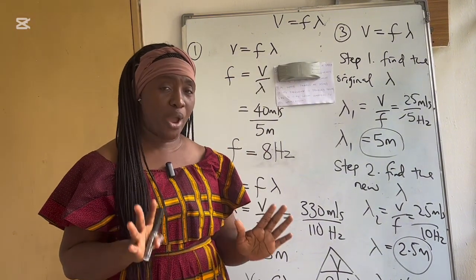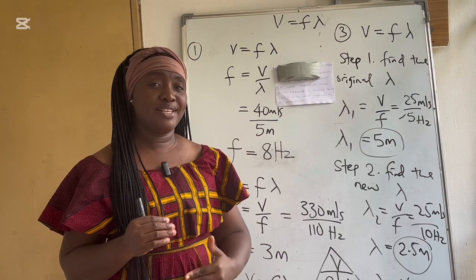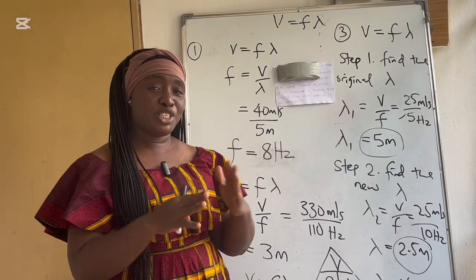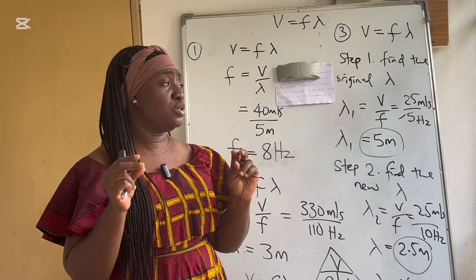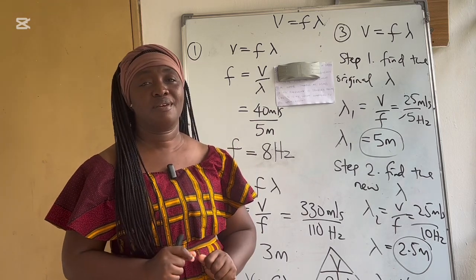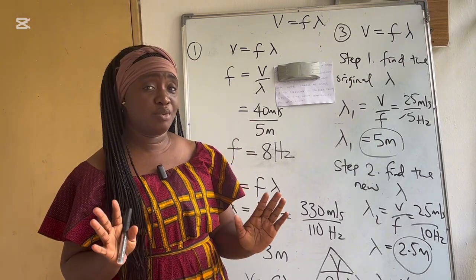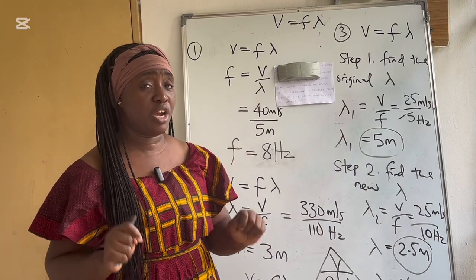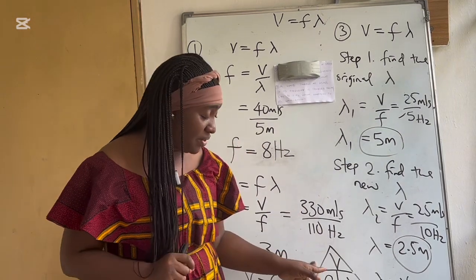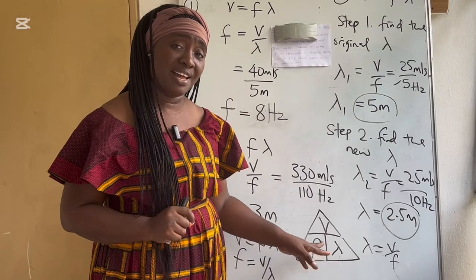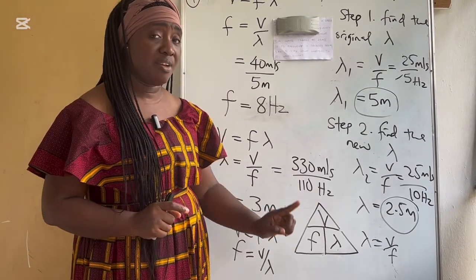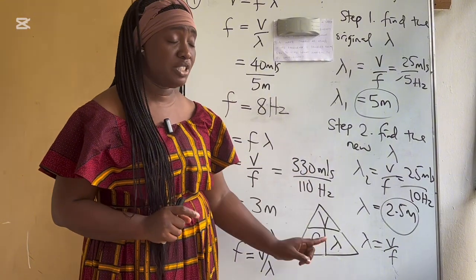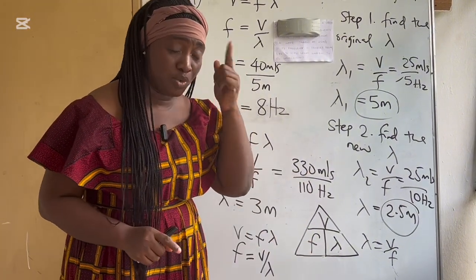Knowing your units well, knowing when to switch and knowing how to rearrange your equation would help you to solve physics faster. So this is the simple trick you need to learn. Remember the triangle rule, using V is equal to F lambda, which means F times lambda, which is wavelength. Remember that.